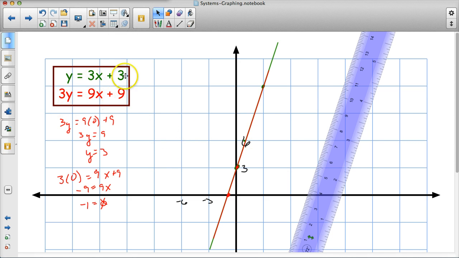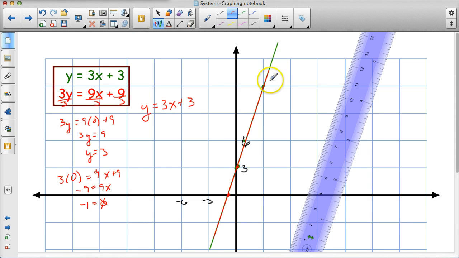If I started here and just divided everything by 3, I would have had the same line, y = 3x + 3. What I want you to notice is that you can write the equation for the same line in several different ways. These are two ways to write the exact same equation of a line. They just look like different equations.